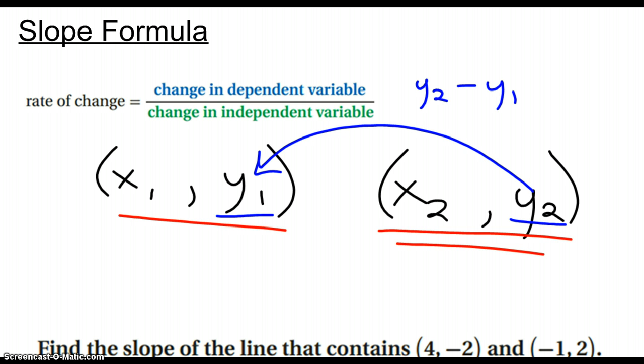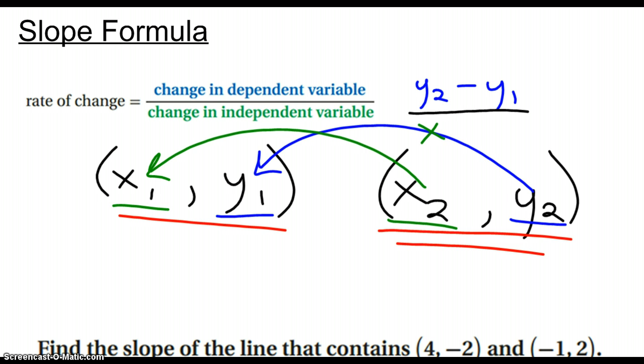Same thing with my x's. Let's say I wanted to figure out the difference between my x coordinates, because that's going to give me my horizontal motion. So I can take x2 and subtract x1 from it.